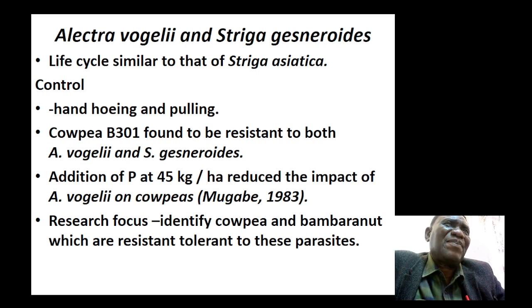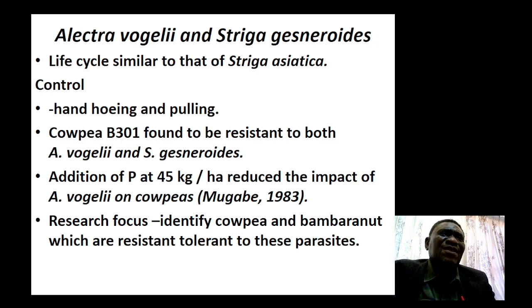This was reported by Mugabe in 1983. So I think the research should focus on identifying cowpeas and bambara nut which are possibly resistant or tolerant to these parasites.